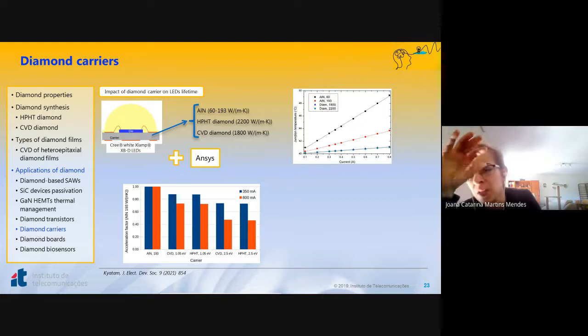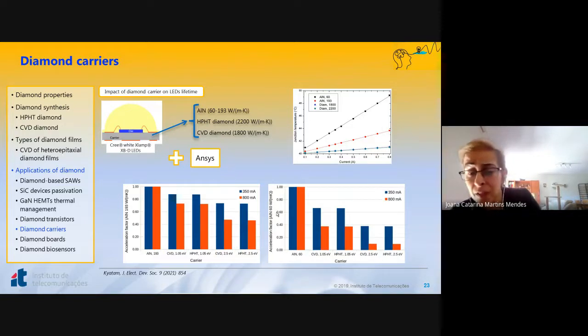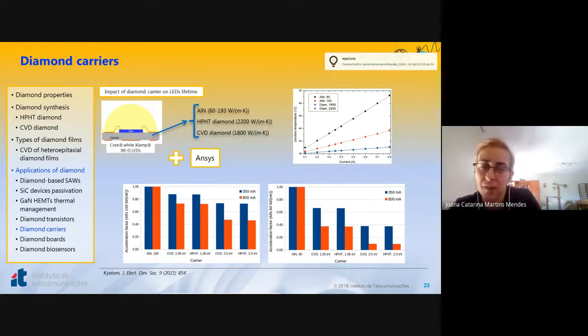So this is what you expect to improve the lifetime if you replace a good quality aluminum nitride with diamond. But if the aluminum nitride has a lower quality, the lifetime will increase between 25% and 60% if operated at nominal current, or between 60% and maybe 90% if operated at 800 milliamps. So yes, you can really increase the lifetime of a high power LED by replacing the carrier.